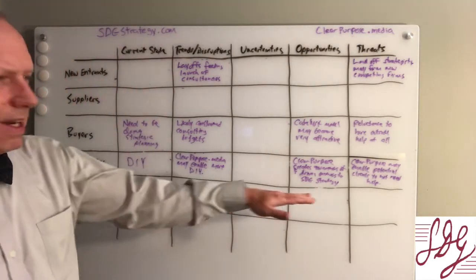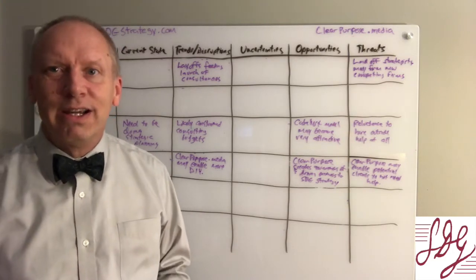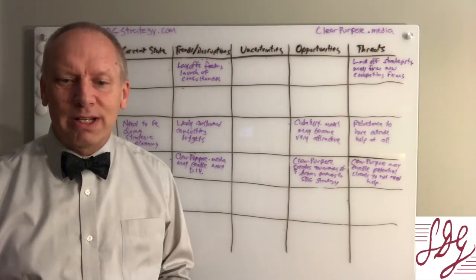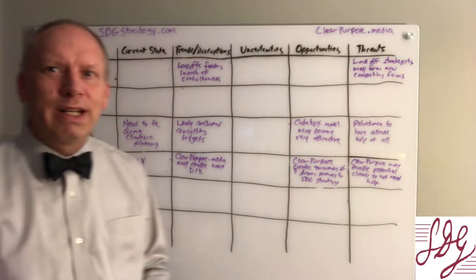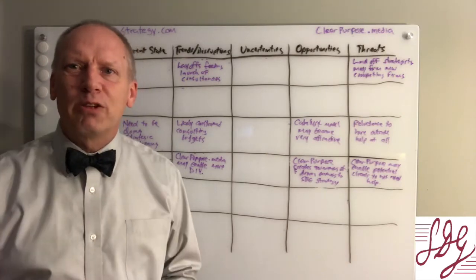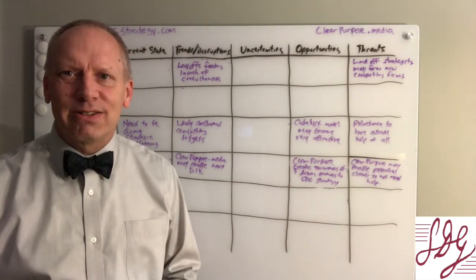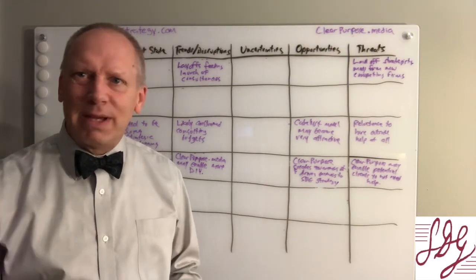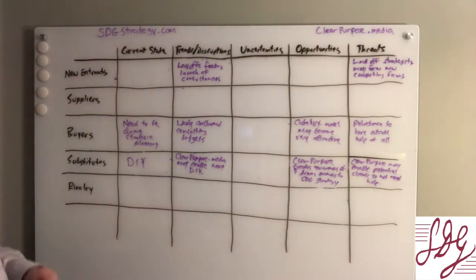Okay, so moving on to the last one of the 5 forces, the 5 players here. It's rivals. It's the other kind of consulting organizations that are out there. I think of them really in 2 buckets. It's a little bit more complex than that, but I would say traditional management consulting firms and boutique consultants. So they've been around.